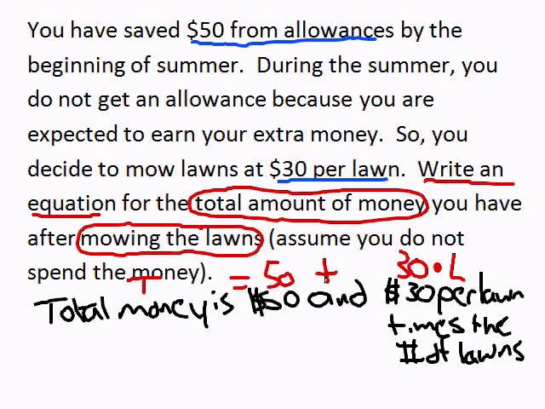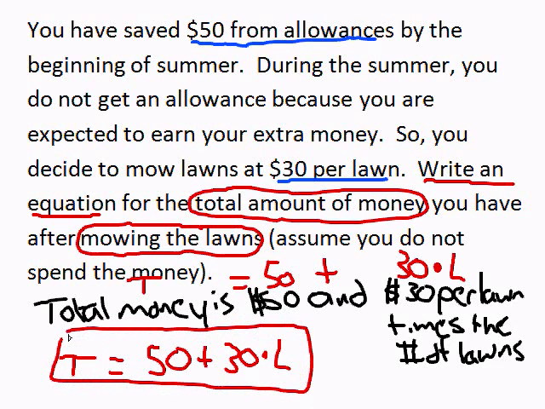So $50 plus $30 per lawn. So my total is equal to the $50 plus the $30 per lawn times the number of lawns. And I've got an equation. Again, if you thought about it differently, that's completely okay, so long as you ended up with the same equation. You might have got the total equals 30 times the number of lawns plus 50. It means the same thing.